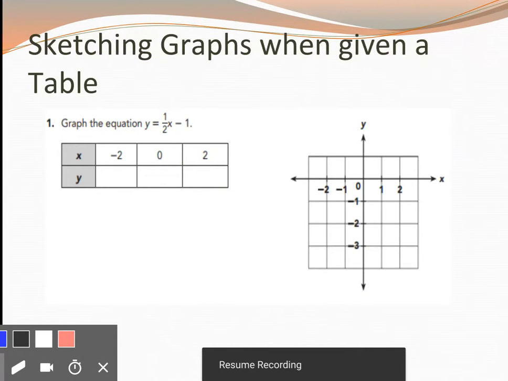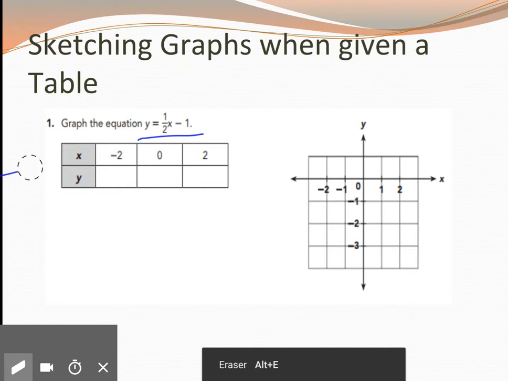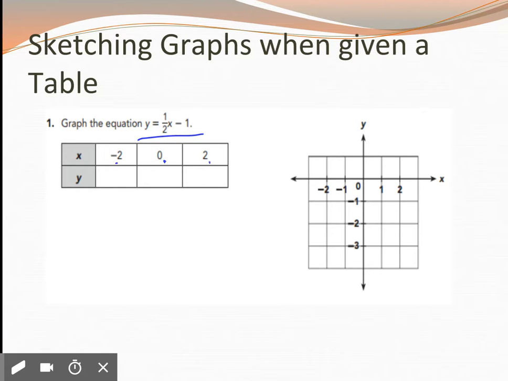Okay, so they say graph the equation y equals 1/2 x minus 1. And they give us the x values in our table of -2, 0, and +2. So to figure out what the y values are, you have to put the x values they give in place.